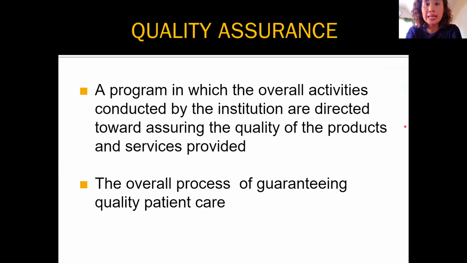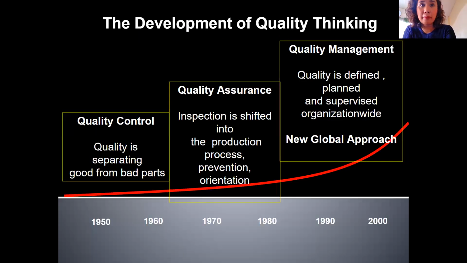So, quality control is under the program called quality assurance, okay? Wherein the overall activities conducted by the institution are directed towards assuring the quality of the products and service provider. So, maraming activities ang ginagawa to ensure quality. And so, we want to guarantee quality patient care.